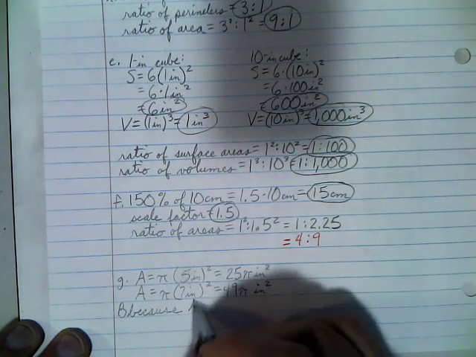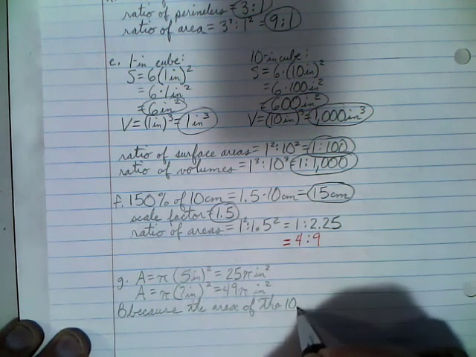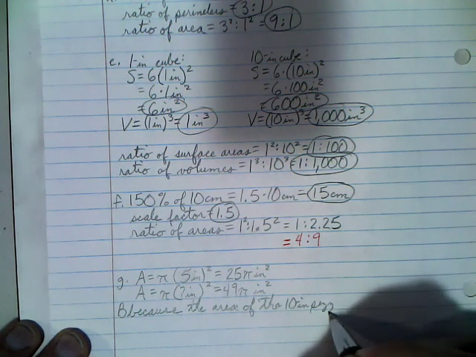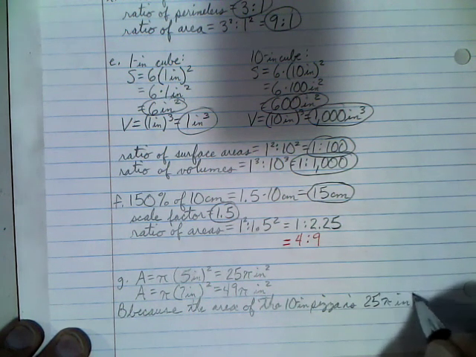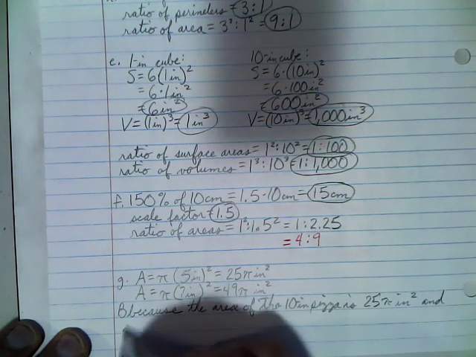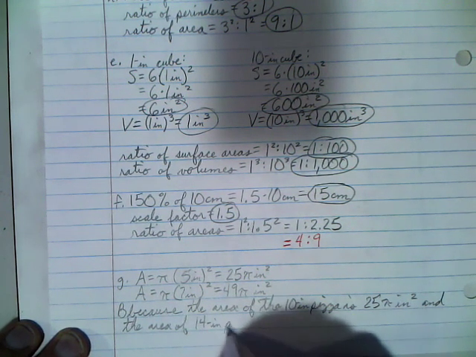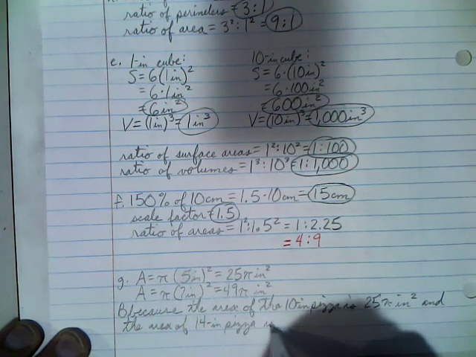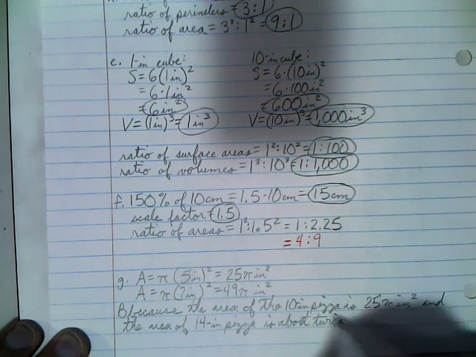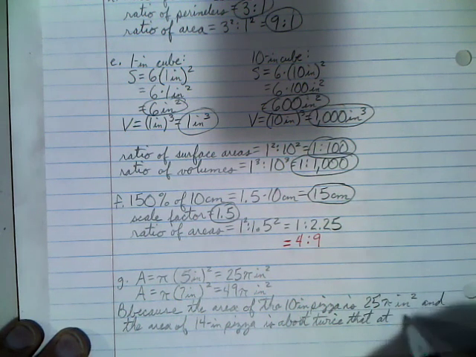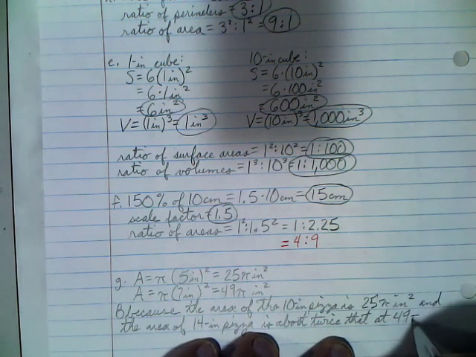B, because the area of the 10-inch pizza is 25 pi square inches, and the area of the 14-inch pizza is about twice that, at 49 pi square inches.